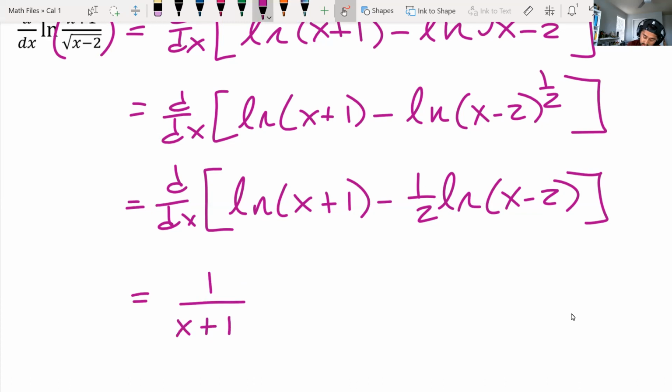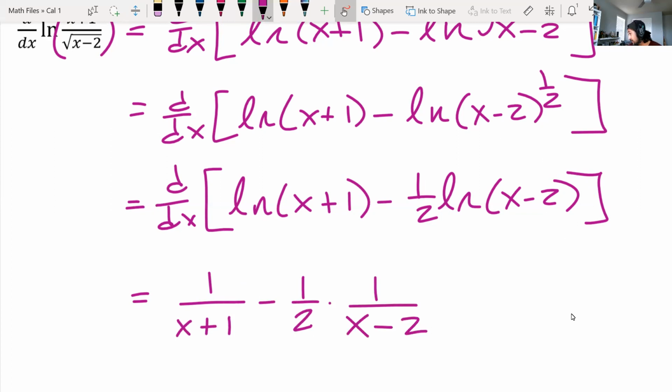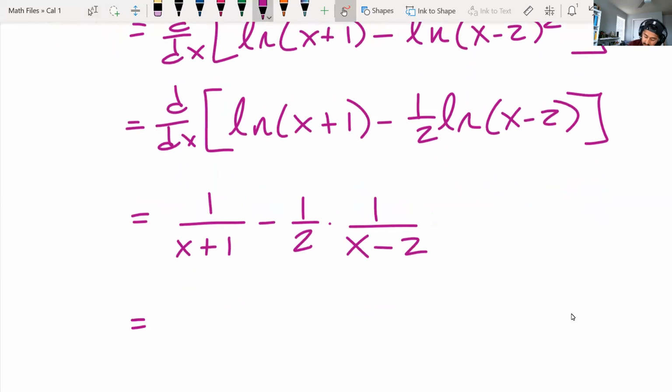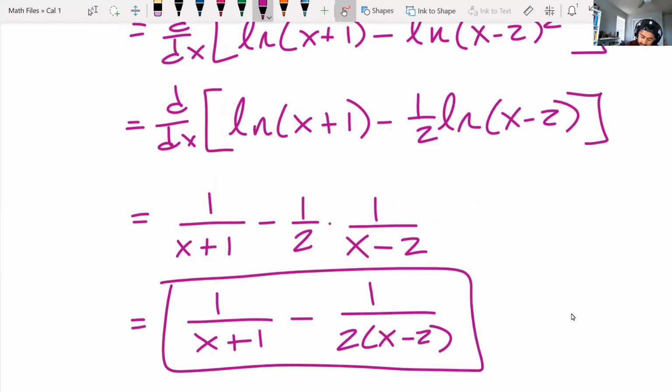There you go, minus 1/2 times the chain rule derivative for the natural log of x minus 2. What's that derivative going to be? 1 divided by x minus 2. There you go. Now the calculus is done. And we just clean it up by saying 1 over x plus 1 minus 1 over 2 times (x minus 2), and that's done.